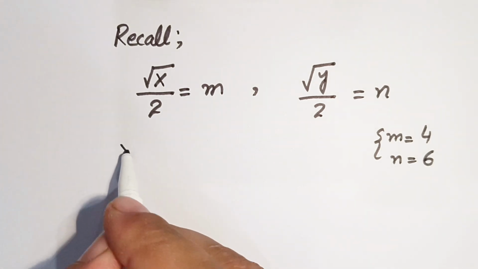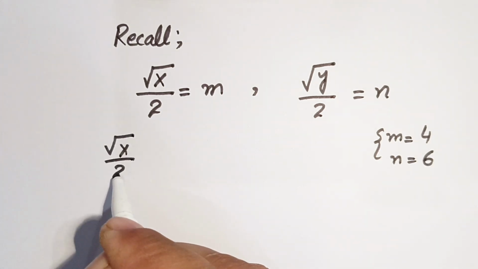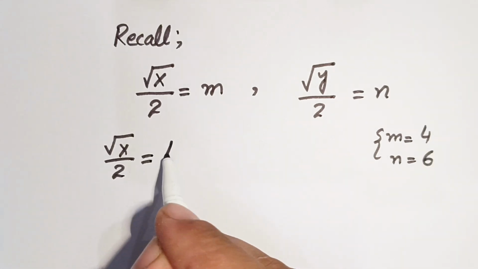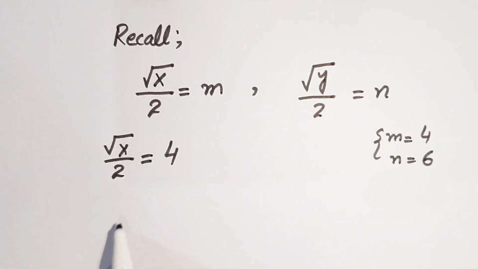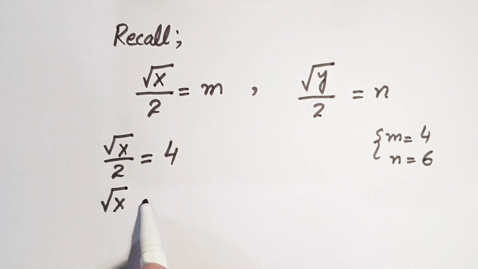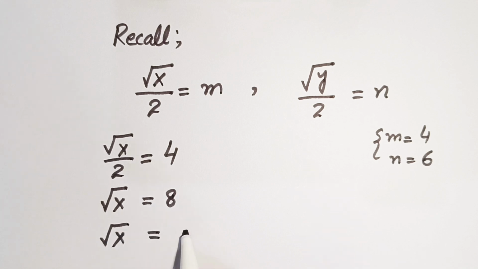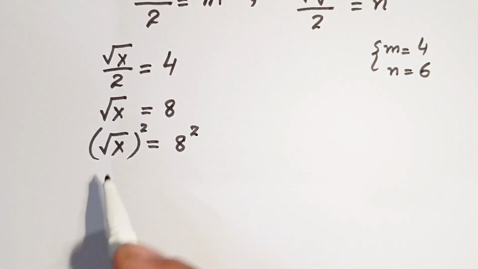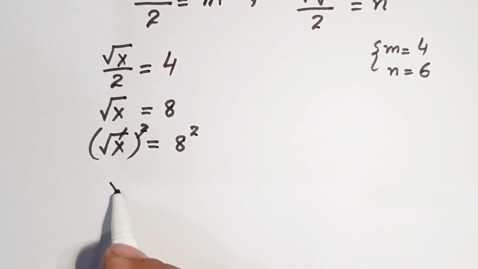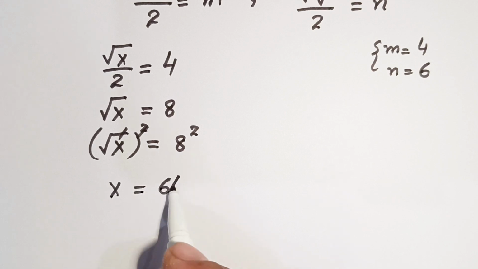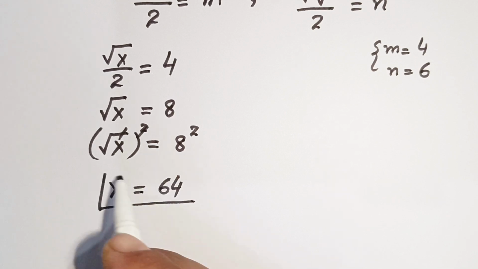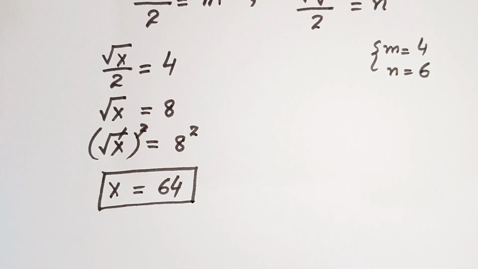Now square root of x over 2 is equal to m, which is 4. So we have square root of x, multiplying 2 times 4, we get 8. Now square root of x is equal to 8, taking square on both sides, cancelling square with square root, x is equal to 64. Here it is our final value of x.